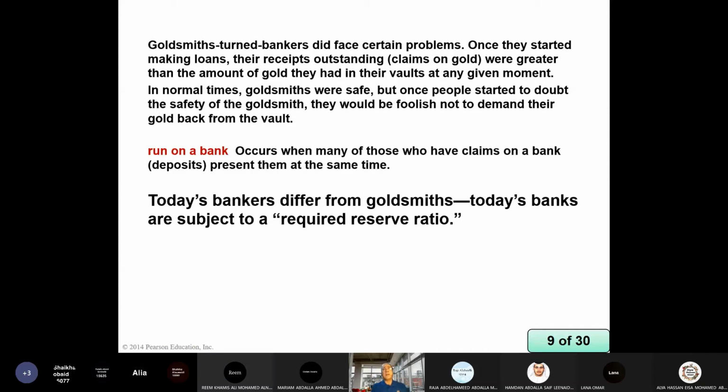Run on a bank. A run on a bank occurs when those who have claims on a bank's deposits present them at the same time. Okay, so we use this term, run on a bank, when depositors go together or in close time and demand their deposits. So think about First Abu Dhabi Bank.